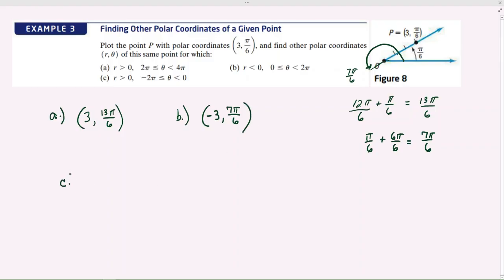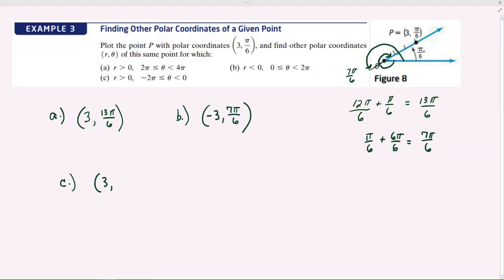Alright, last one, C, we're going to use the positive, but our constraint here is that we're between 0 and negative 2 pi, so that's just telling us to go in the opposite direction. So I need an angle that wraps me all the way in the negative direction back to this.